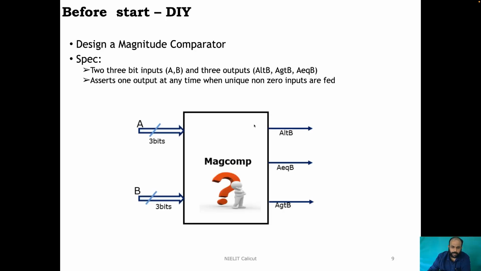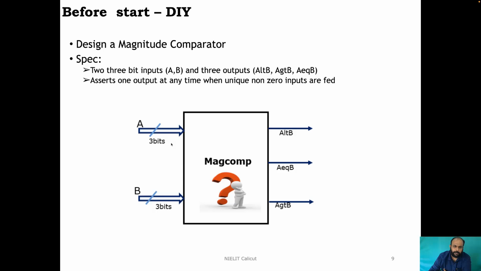Now, before we start with the rest of the Verilog, let us take into consideration this design requirement which you may attempt to do. This is the design of a magnitude comparator, which is a small piece of hardware. The specification is that the magnitude comparator we want to design should have two inputs, say A and B, both 3-bit wide, and it should have 3 outputs, each single bit, giving the relationship between the inputs.